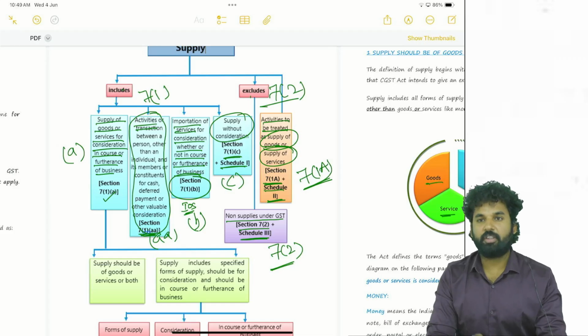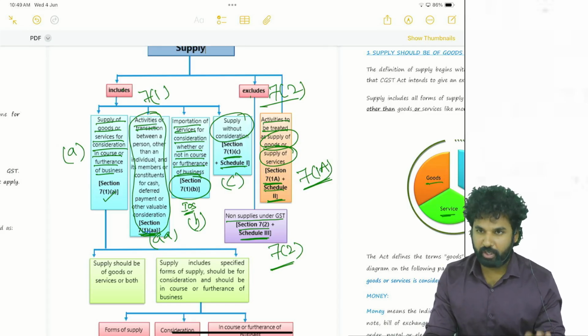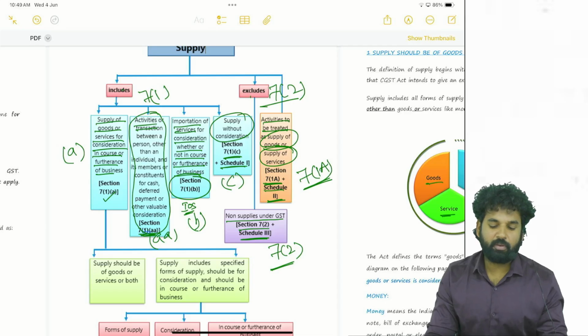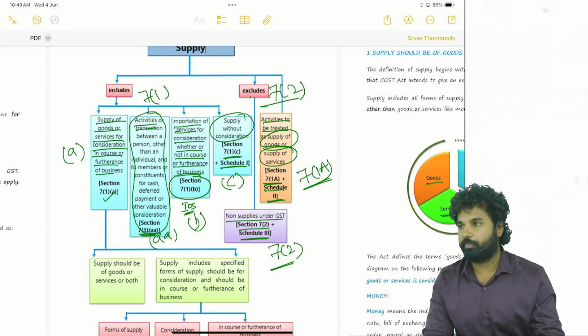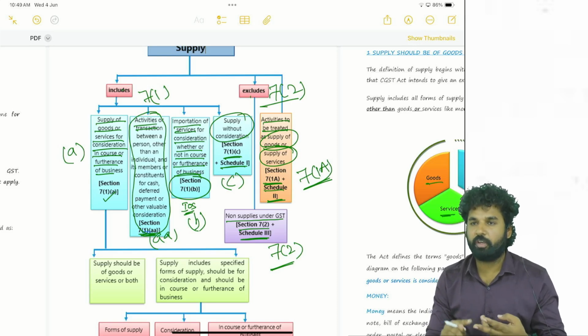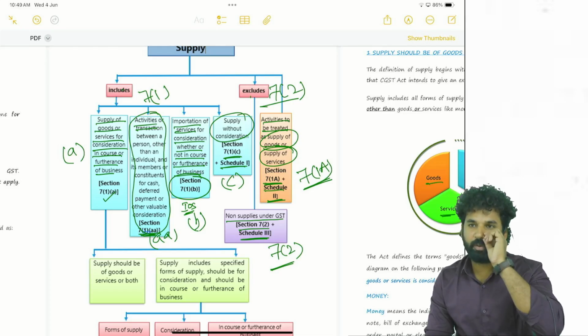In 7 subsection 1, where supply includes, we are talking about clause A, the supply of goods or services. It may be any form of supply. It may be sale, transfer, barter, exchange, lease, license, disposal, or whatever it may be. Any form of supply.